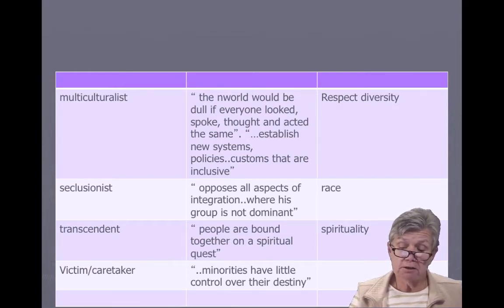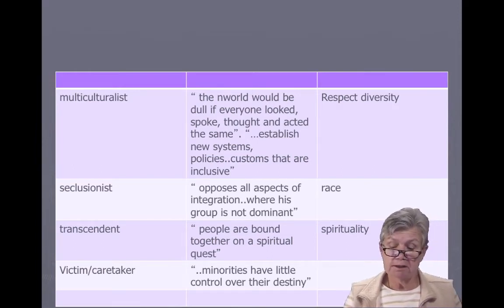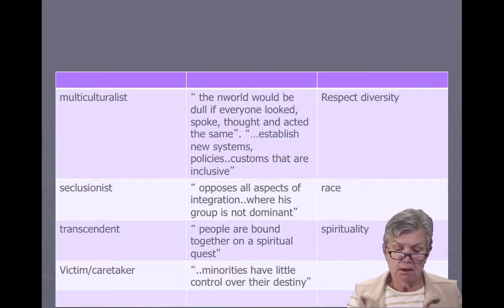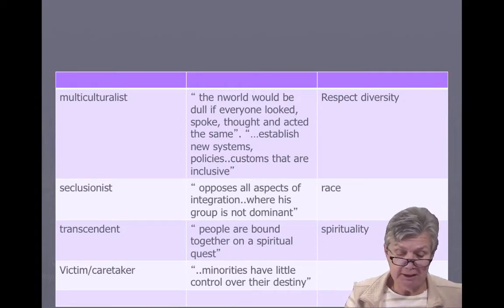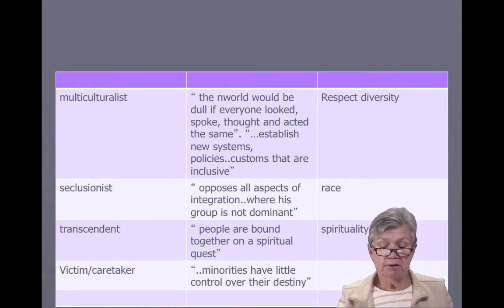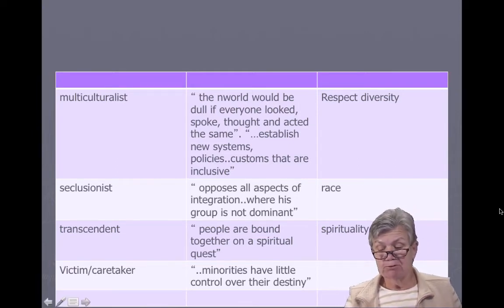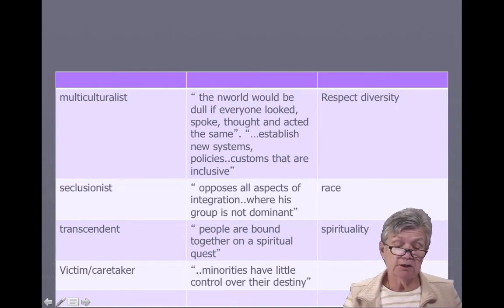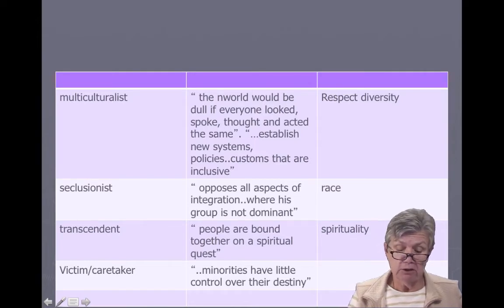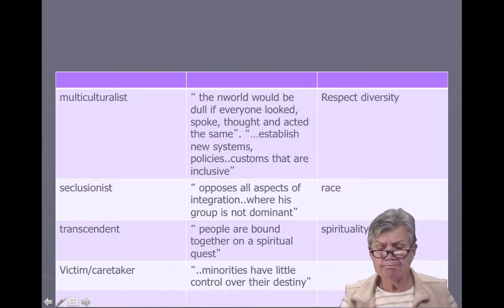The seclusionist opposes all aspects of integration where his or her group is dominant, of course. The transcendent believes that people are bound together on a spiritual quest. So spirituality is the guide there. And then there's the victim, caretaker, that minorities have little control over their destiny.